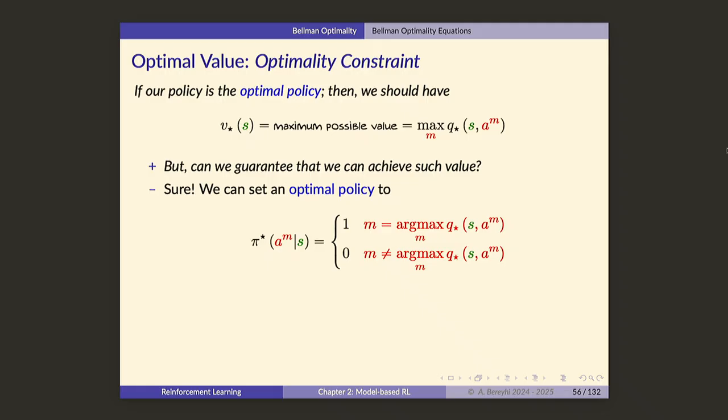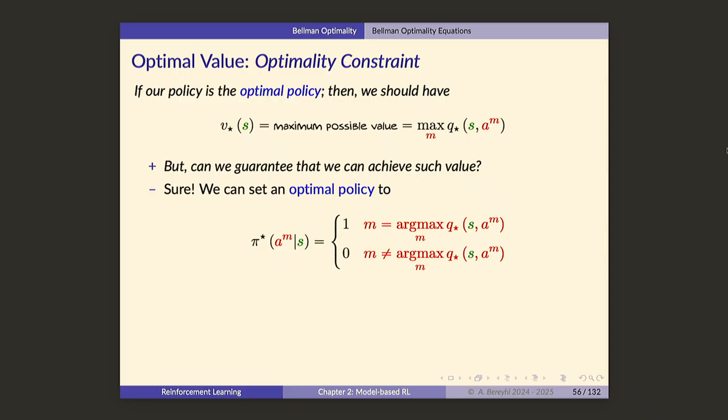Again, if you are in one particular state, you have a bunch of possible choices for action. If you do know what is the optimal action value, meaning what is the optimal value you're going to get if you do this action, the second action, the third action, then what is the policy? Just find the action which gives you the maximum optimal, and then you keep doing that, right?